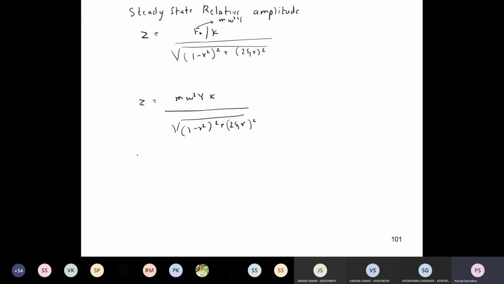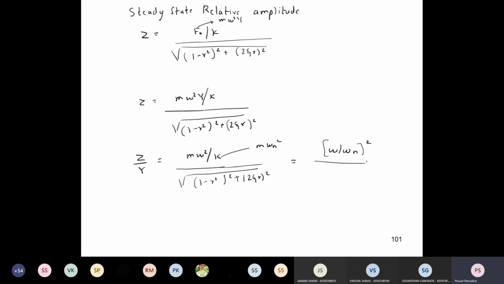I can write it in the form Z by Y is equal to m omega square divided by k, upon square root of (1 minus r square) whole square plus (2 zeta r) whole square. Okay, k is nothing but m omega n square. So when I substitute, this becomes omega by omega n whole square, that is r square, divided by the same denominator.